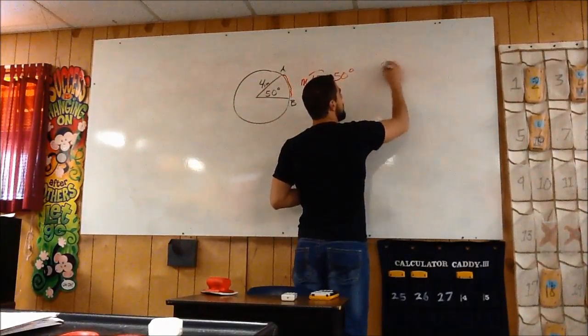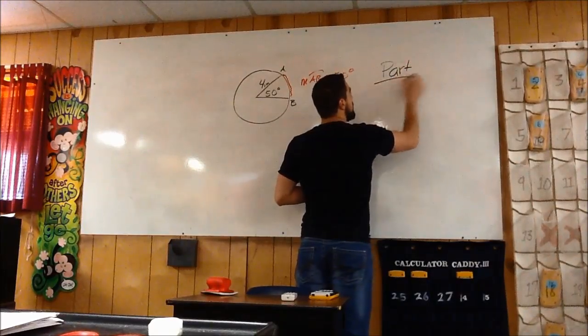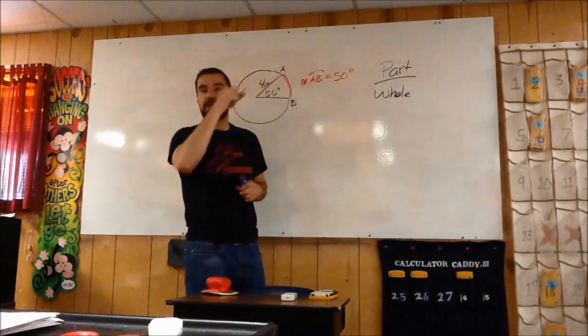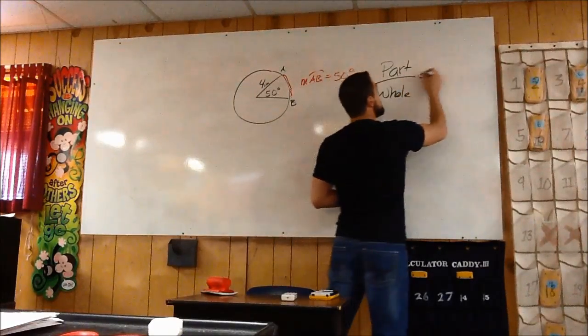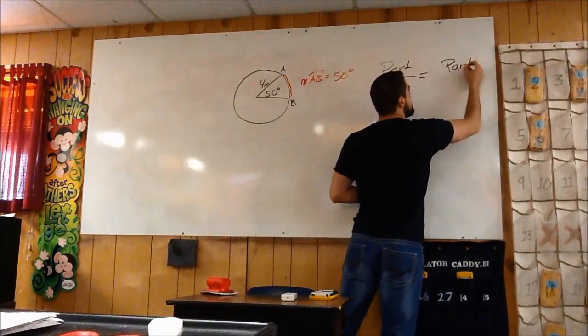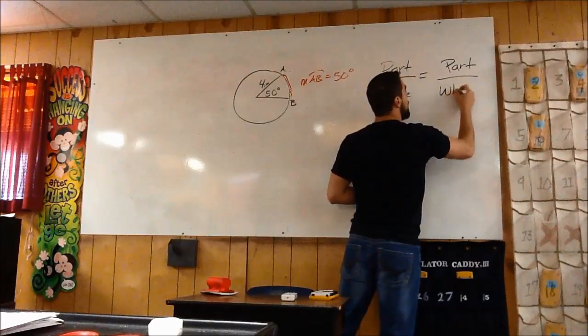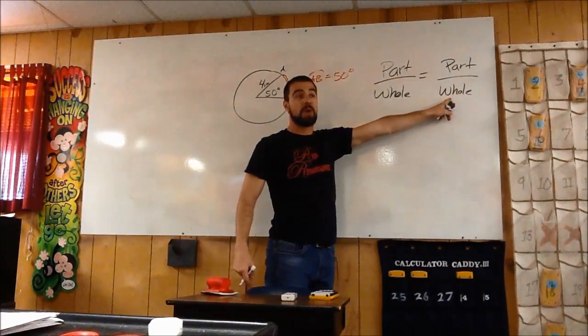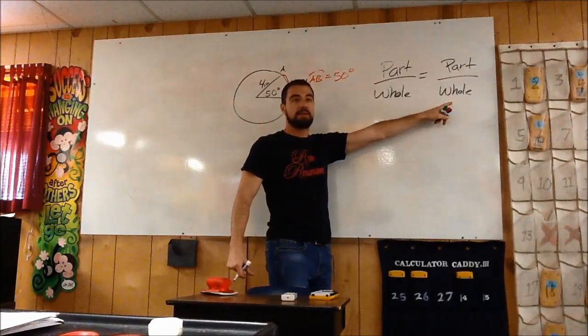Well, we just got done talking about how it was part over whole: whatever the measure of that arc is out of the whole 360 is going to equal the arc length, which is part of the whole circumference.